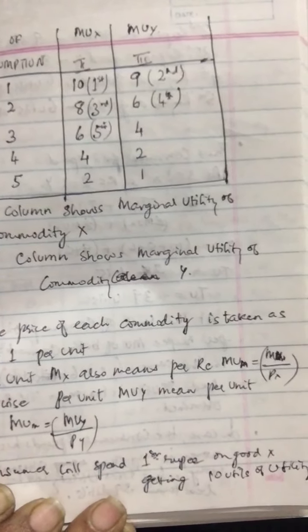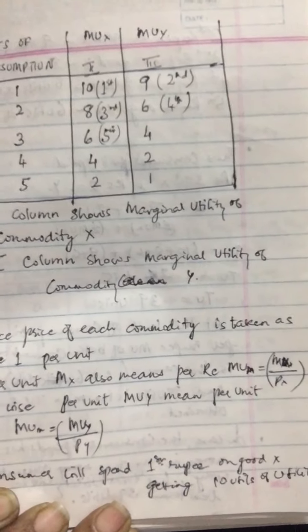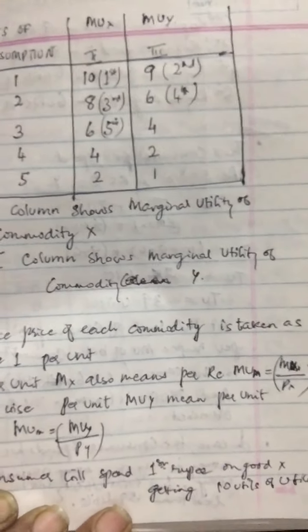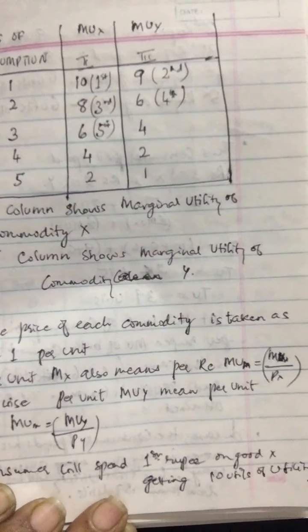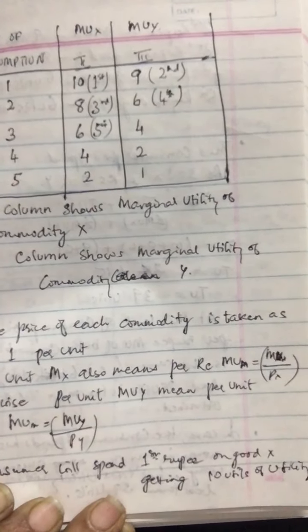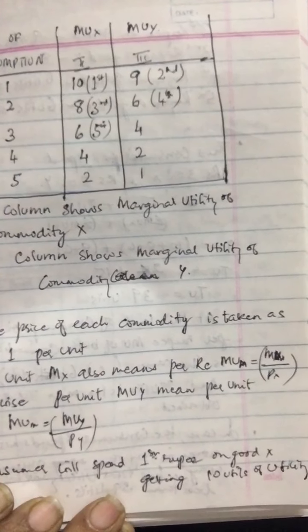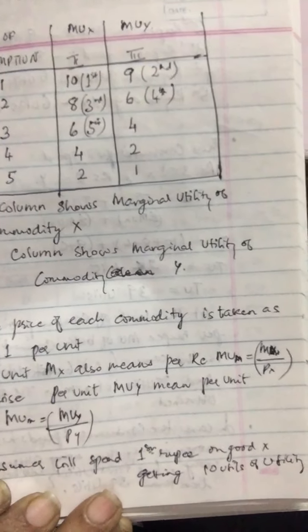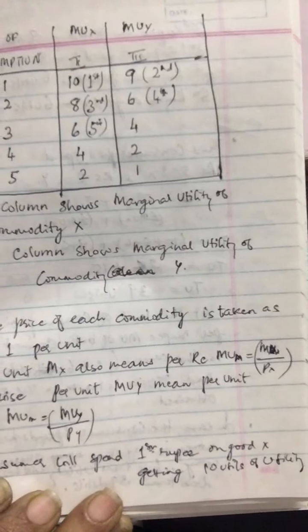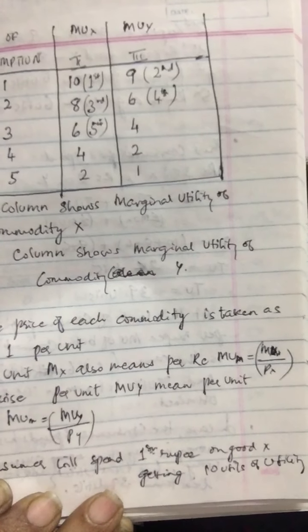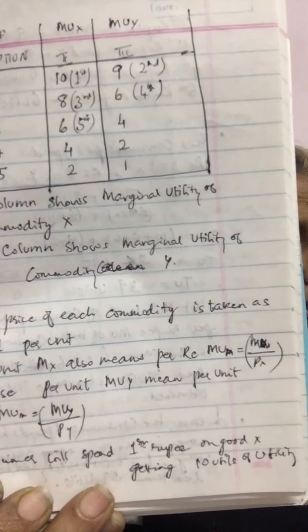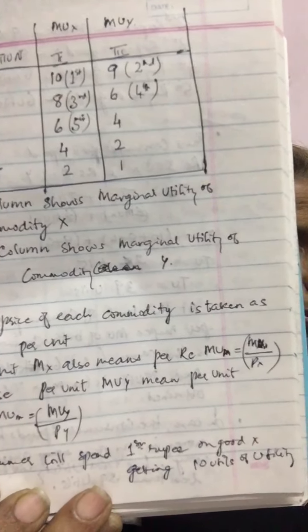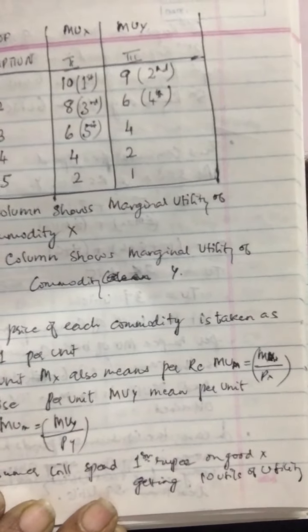Which is the next in number, a little lower than that? When he takes the second unit of X, the marginal utility is 8. So mark it as 3. He will spend his third rupee here. And then the next successive marginal utility, which is diminishing, is 6. So he will spend his fourth rupee here.